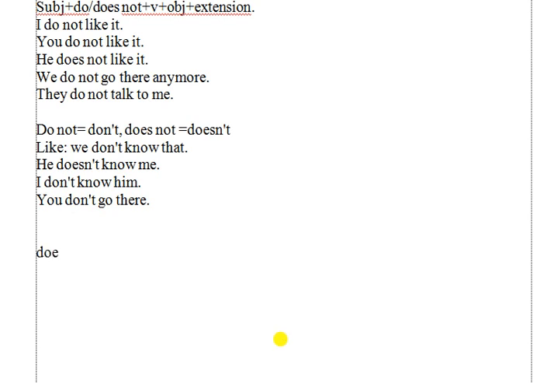Example: do or does plus subject plus verb plus object plus extension, then the sign of interrogation.